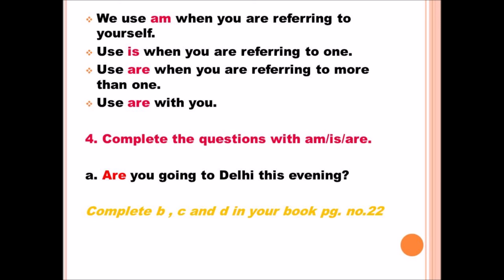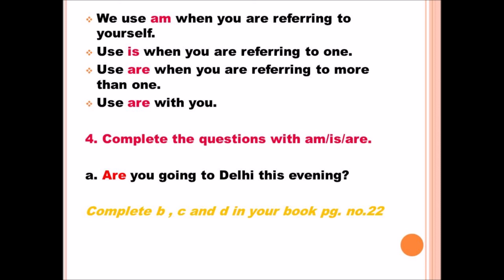We use is when you are referring to one, that is a singular person. Use are when you are referring to more than one, that is plural nouns. We use are with you. As I already said, we use are with you and plural form of nouns, right?